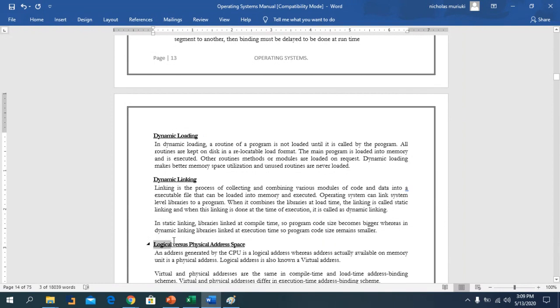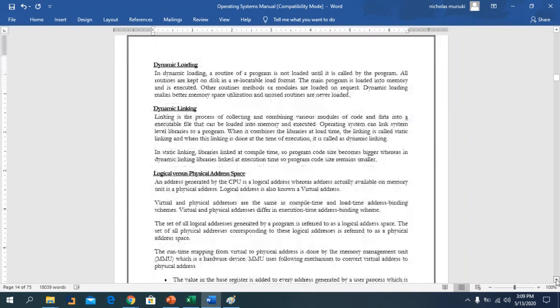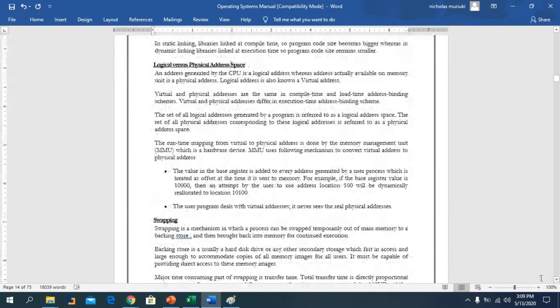Logical addressing is always virtual, and sometimes we call it a virtual address, because we are saying this is memory that is within the CPU. When you talk about physical addressing, we are talking about the memory that is in a certain memory location, maybe a hard disk. That memory in a hard disk is what we call physical memory addressing, because you can see it.